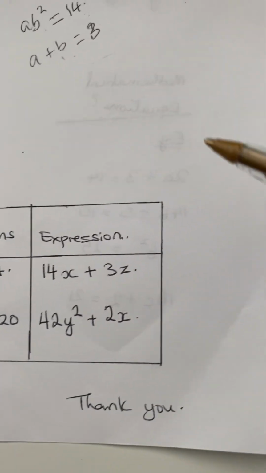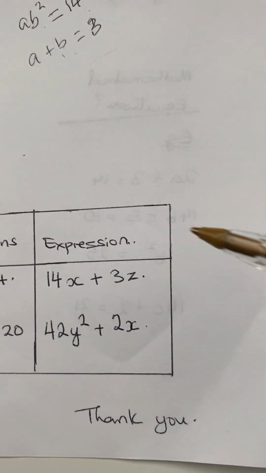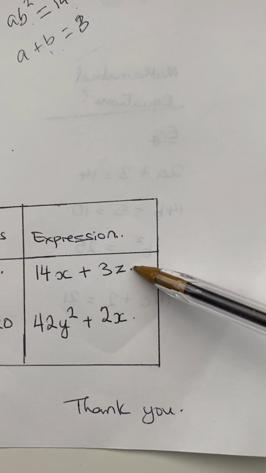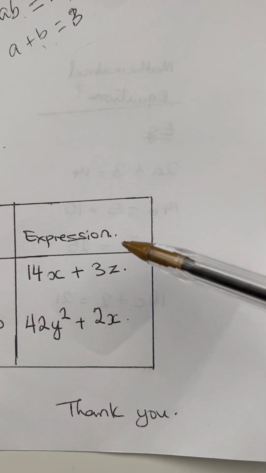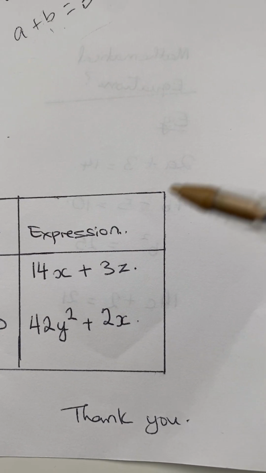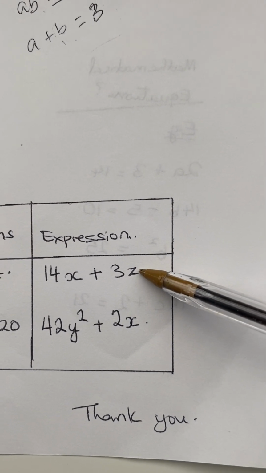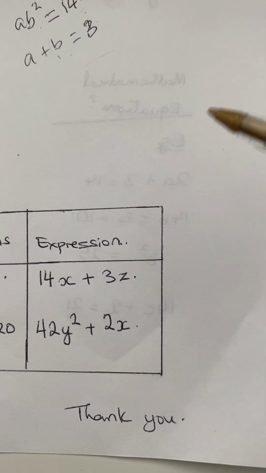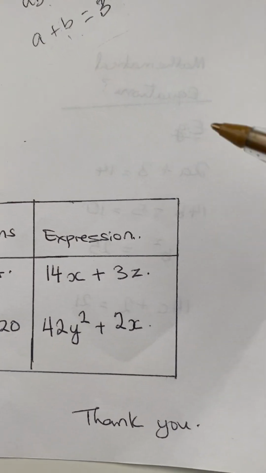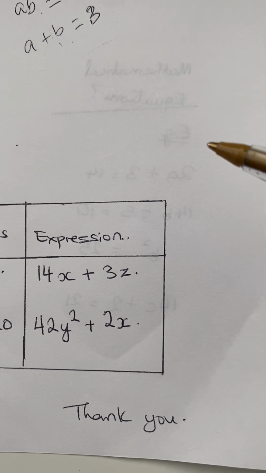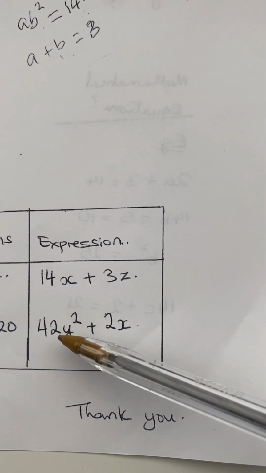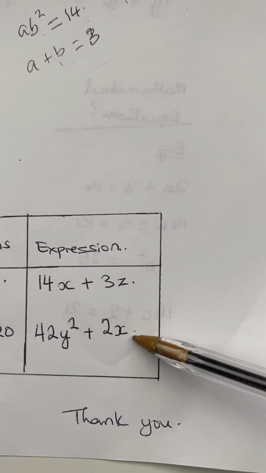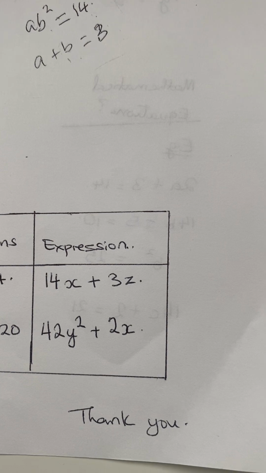Now, as I just explained, 14x plus 3z is an expression. That is a mathematical expression. When we were doing algebra, we got to this point, we could go no further because that was what we had. 42y squared plus 2x is also an expression.